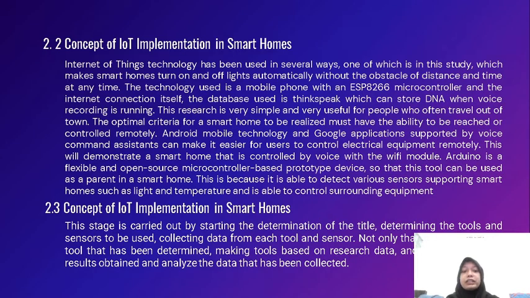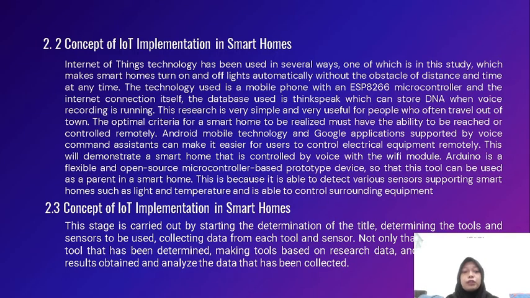The optimal criteria for a smart home to be realized is that it must have the ability to understand commands, making it easier for users to control electrical equipment remotely. This will demonstrate a smart home that is controlled by voice with the Wi-Fi module.